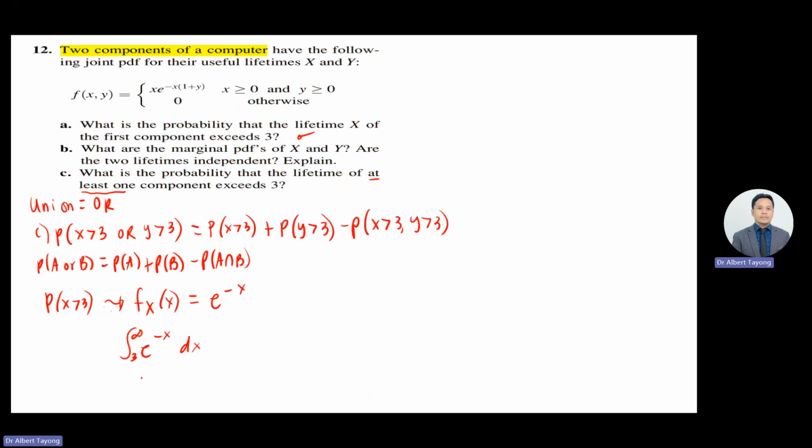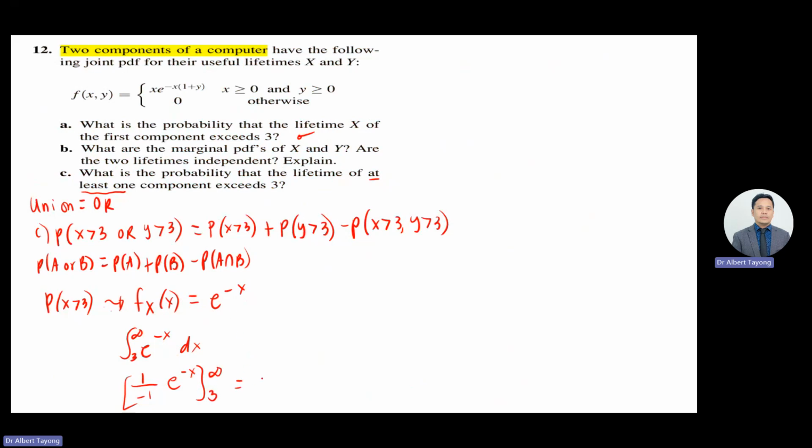So this is 1 over negative 1, because the coefficient of x here is negative 1, times the whole thing, e raised to the power of negative x from 3 to infinity.